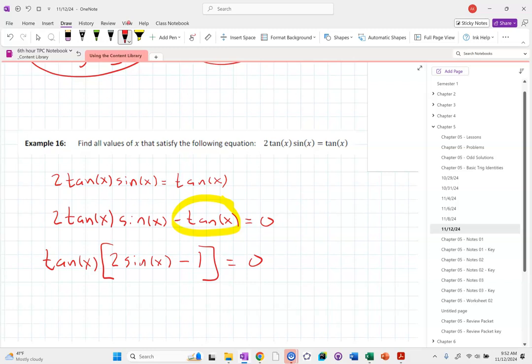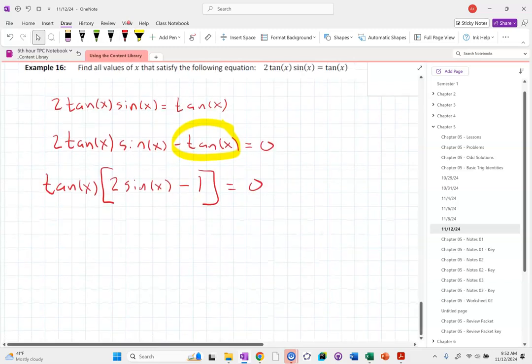So now, if I look at my factors, one factor is tan x, and the other is 2 sine x minus 1. Have I separated the trig functions into separate factors? I have, right?